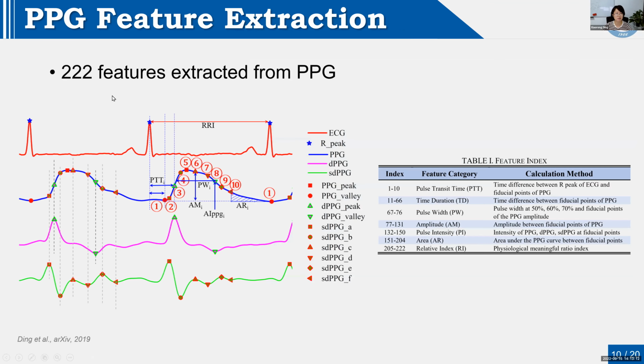So we aimed to explore even more features from the PPG signals. We extracted about 7 classes of features, including the PTT, the pulse wave, and some meaningful relative indices from the ECG and the first and second derivatives of the PPG signals.